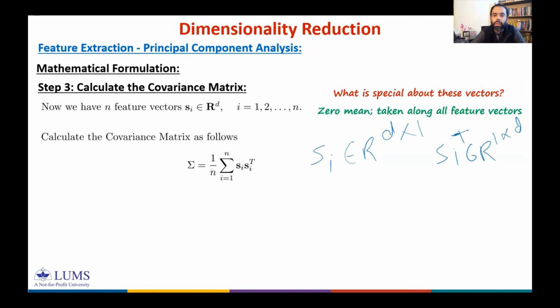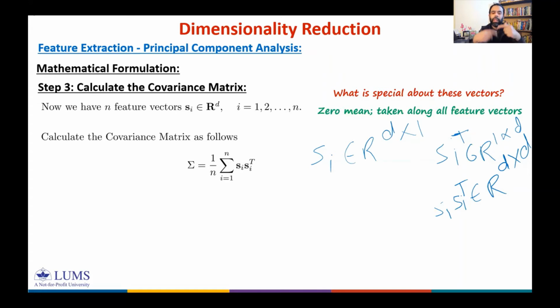When you multiply these two, this is an outer product of two vectors, so s_i into s_i transpose belongs to R^(D cross D). You compute the outer product of every s_i with itself.